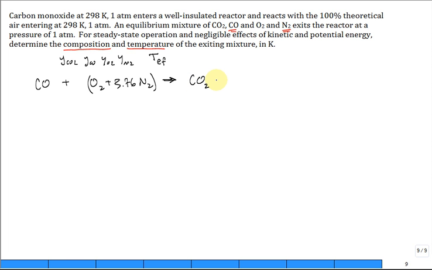Is the carbon now balanced? Yes, it is. How about the oxygen? What is the number there? I'm going to pause and see how many people can correctly calculate the coefficient in front of the O2.